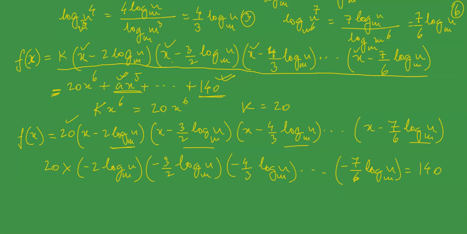Okay, so if I divide both sides by 20, I have this to be equal to 7. Okay, and these two get cancelled.